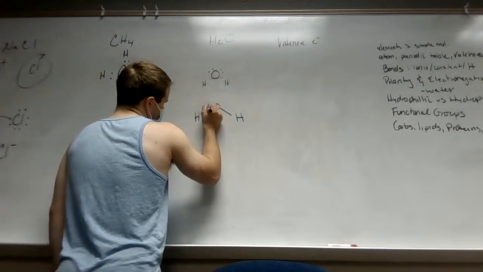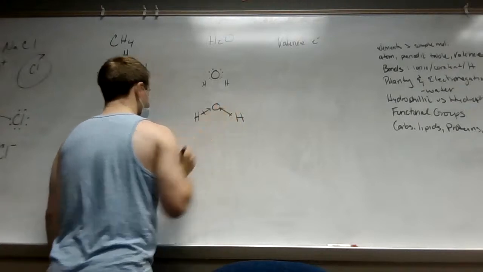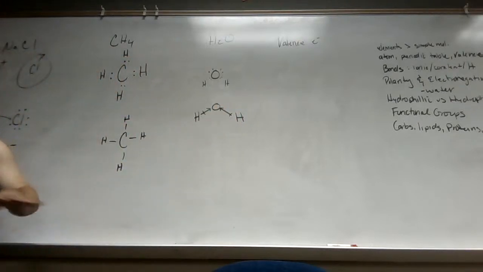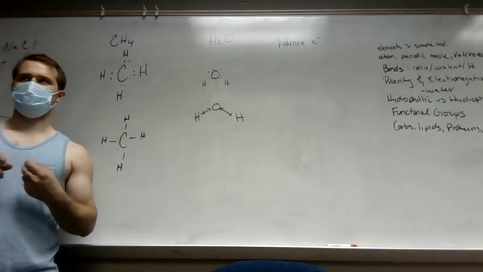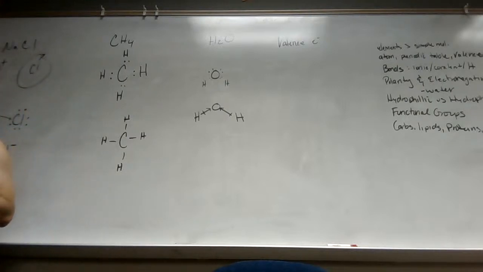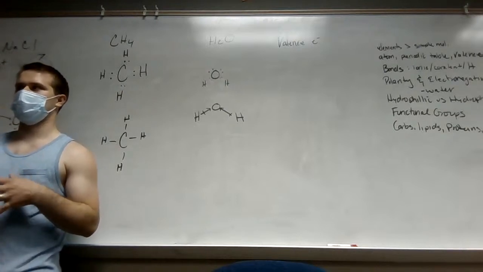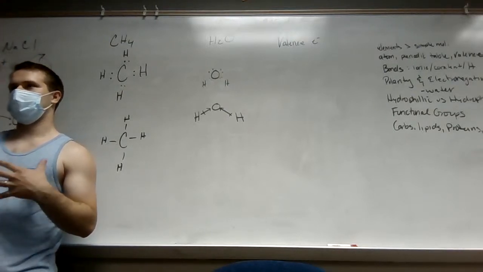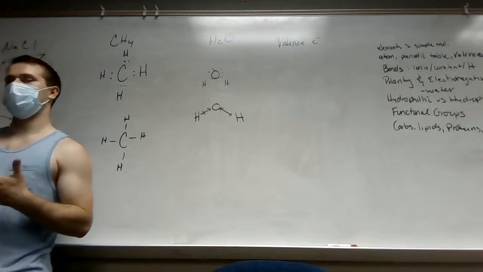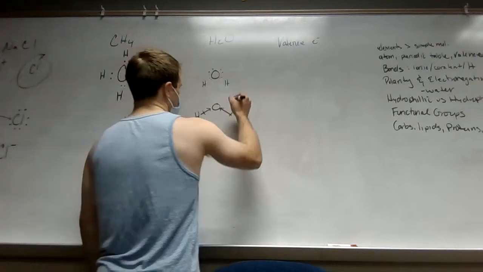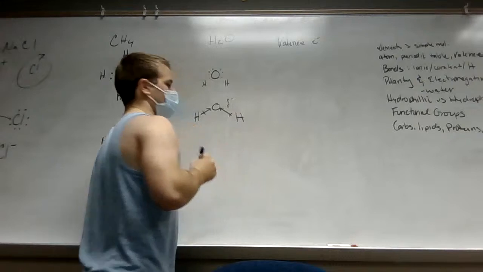So we would note this like this. Don't worry about representation. What that means is that oxygen is drawing the electrons closer to it. So what do you think happens to the charges if something has the electrons closer to it? Do you think it would be more positive or more negative? More negative. So what we say is this has a partial negative charge.